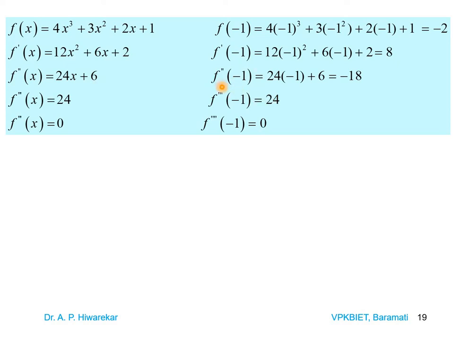So f double dash of minus 1 is 24 into minus 1 plus 6. Obviously this is minus 18. Then derivative of 24x plus 6 is 24. So f triple dash at minus 1 is 24 and all other higher derivatives are 0.